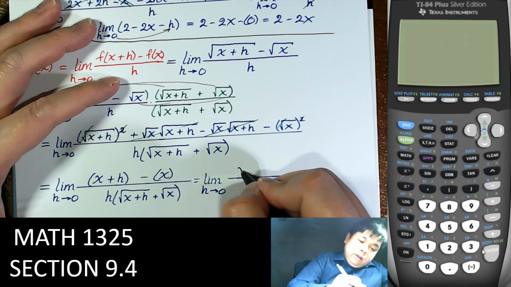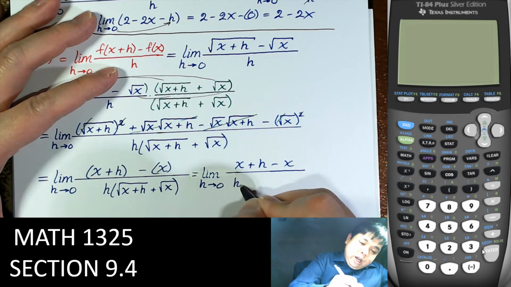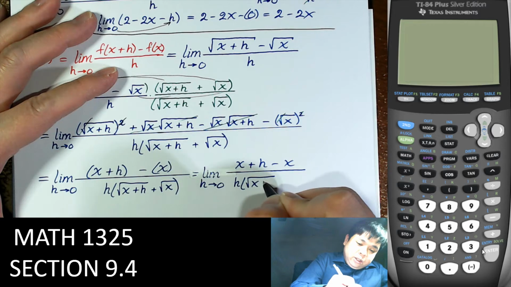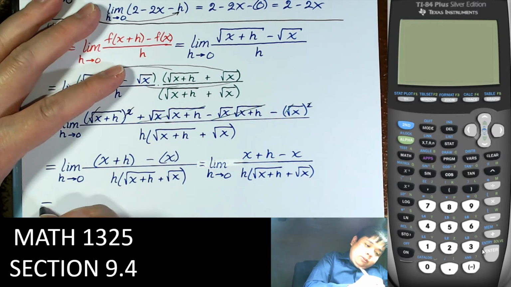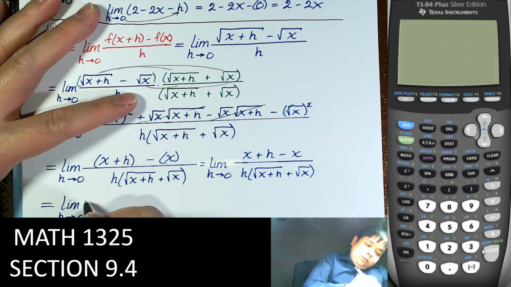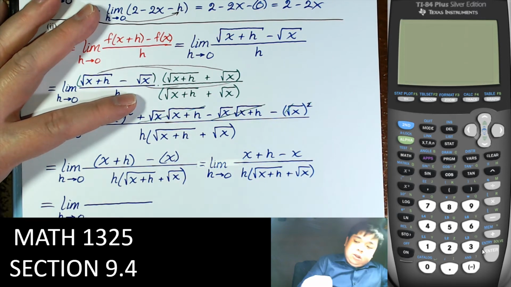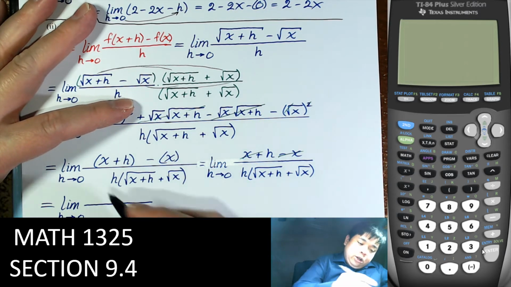So on the top we just have x plus h minus x, and the bottom is h times the square root of x plus h plus the square root of x. The x and minus x cancel out, we just have an h.